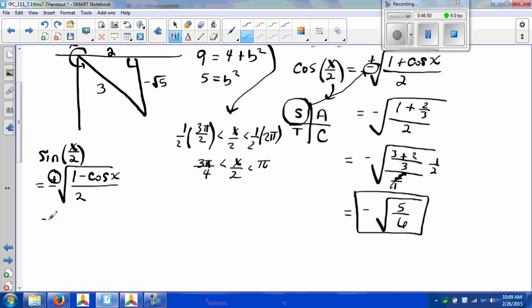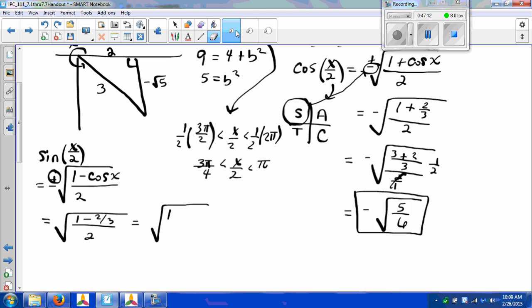So then that gives me the positive, and then 1 minus, and then adjacent, 2/3, right? Over 2. And then we get the square root of 1, oops, not 1, sorry, getting a common denominator.